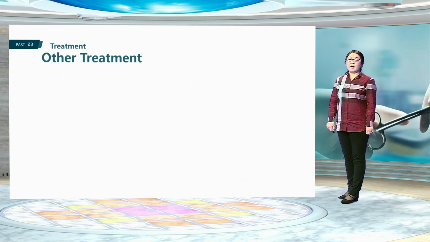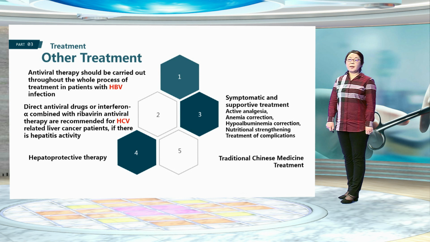Other treatments are: antiviral therapy should be carried out through the whole process of treatment in patients with hepatitis B virus infection. And for hepatitis C virus infection, direct antiviral drugs or interferon alpha combined with ribavirin antiviral therapy are recommended.